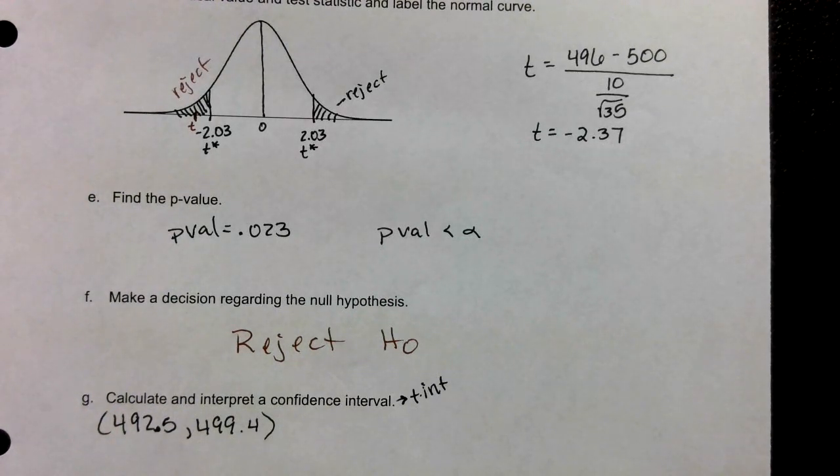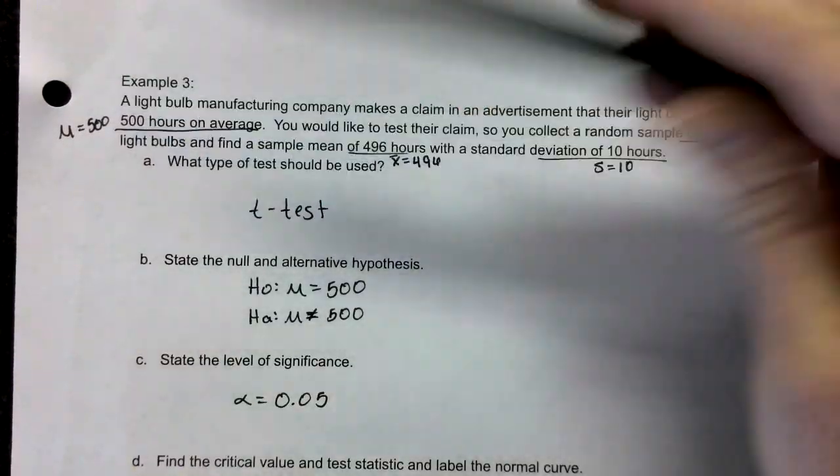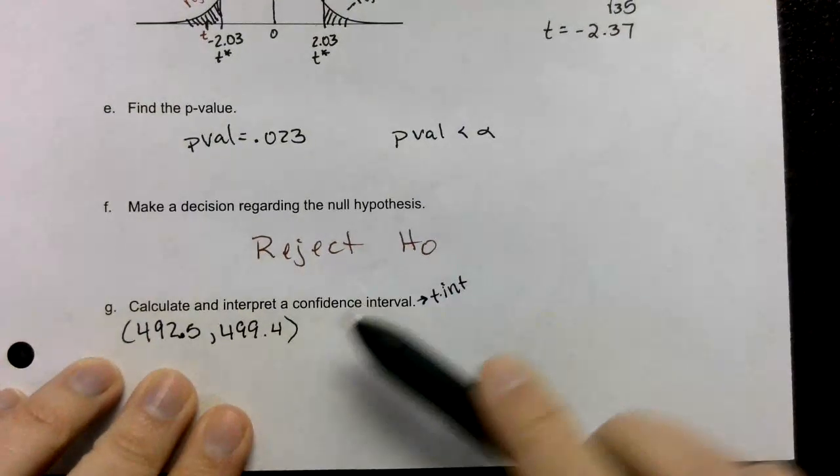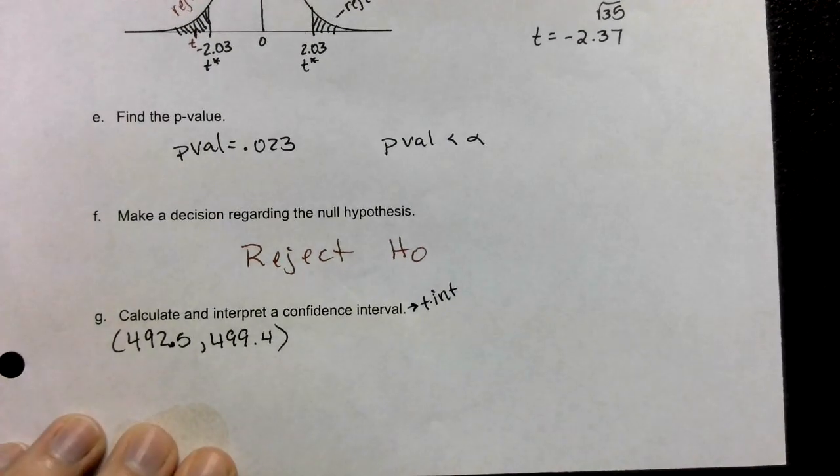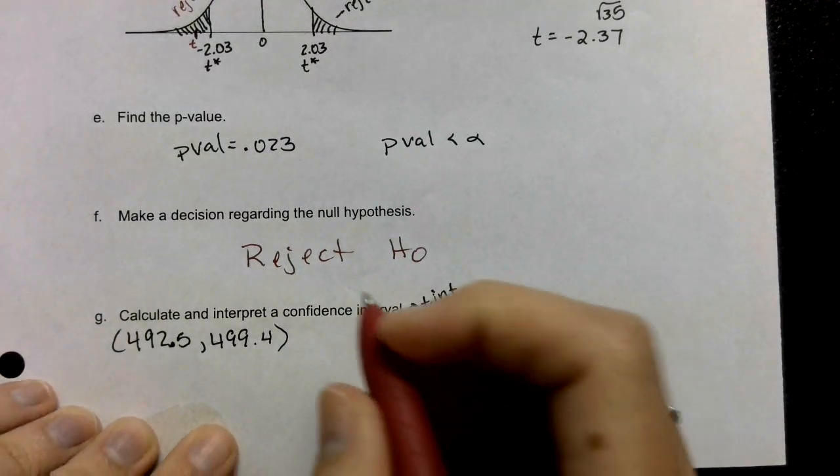Maybe some people could argue, because they made the claim that the average was 500, and the high end of our confidence interval was 499.4, it's pretty close, so some people could make the argument that sure, it could be 500.